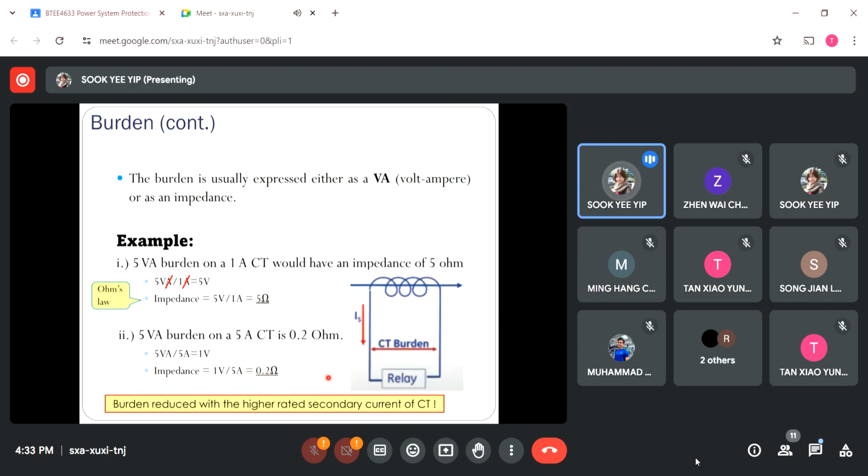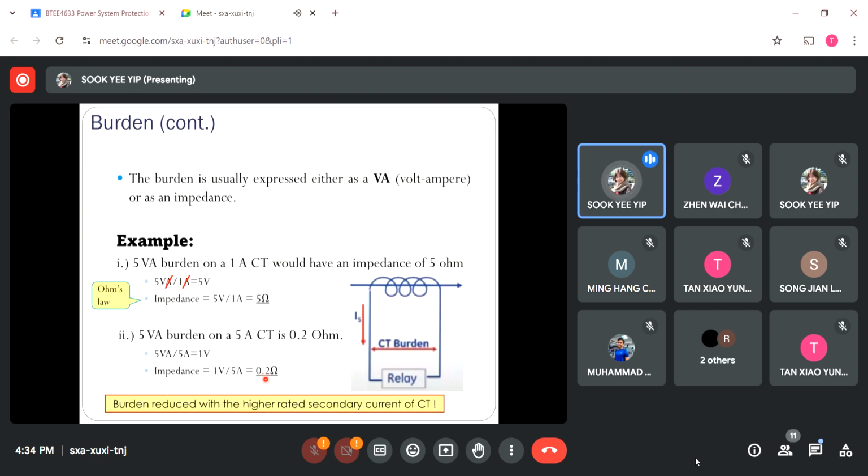So you can see, right? Yes, the burden due to this relay in terms of apparent power is 5 watt amperes, but it's not always the same in units of ohms for impedance. It actually depends on which current transformer you are using, and whether its secondary current is standardized at 1 amp or 5 amp.